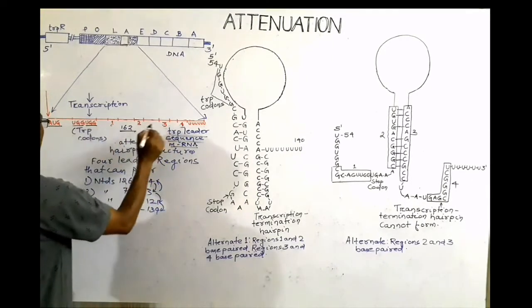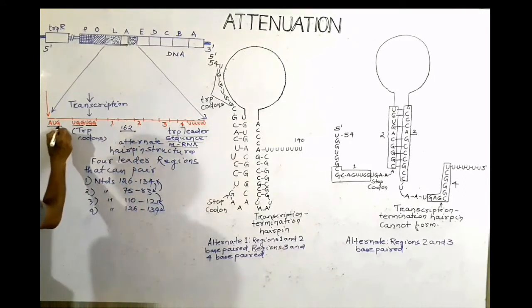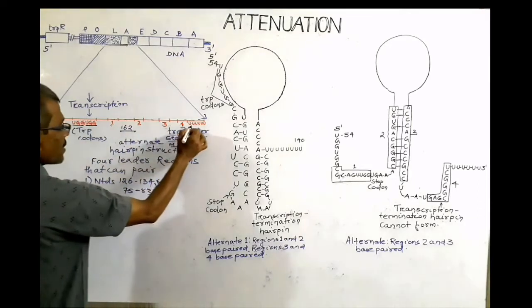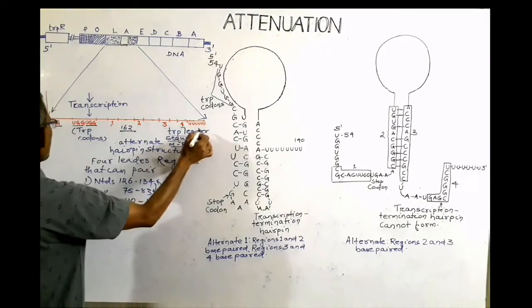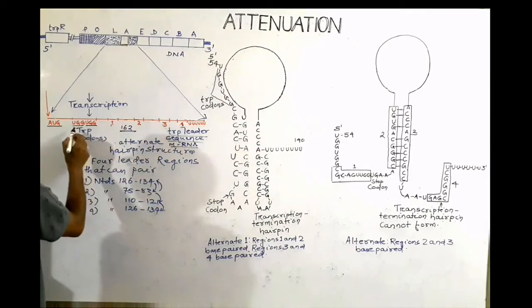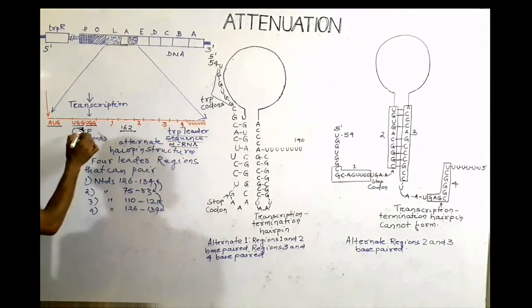This nascent mRNA begins with an initiation codon, that is AUG, and at the end there is a stretch of uracil residues. This nascent mRNA also contains two tryptophan codons. These are the two tryptophan codons.